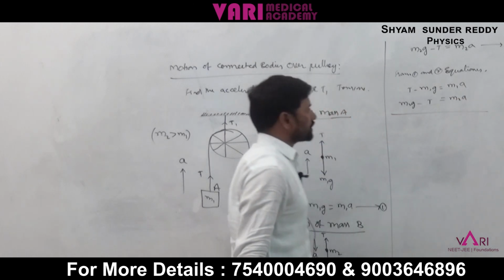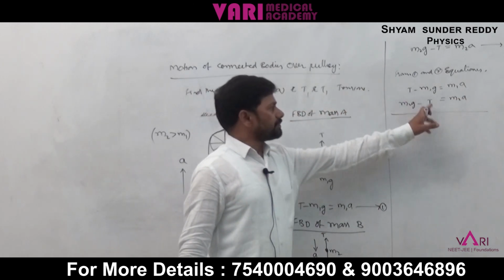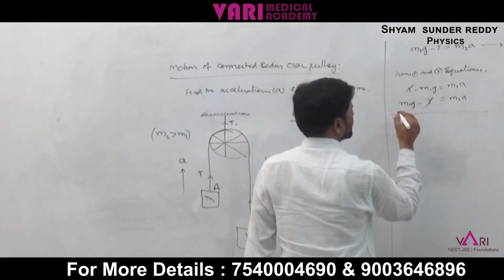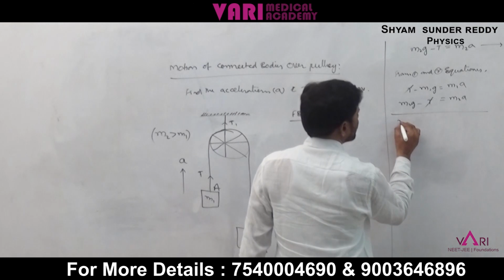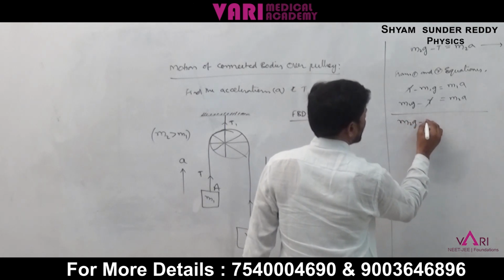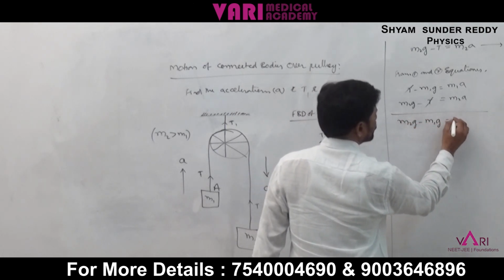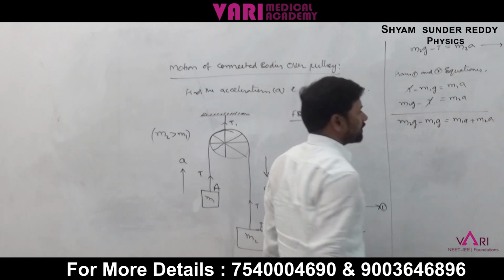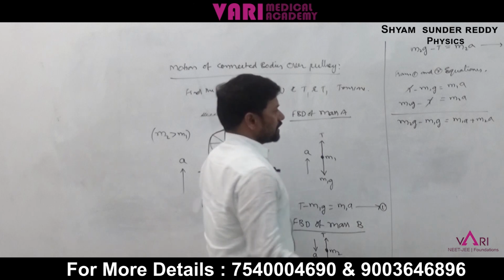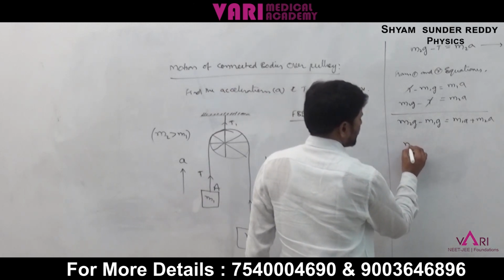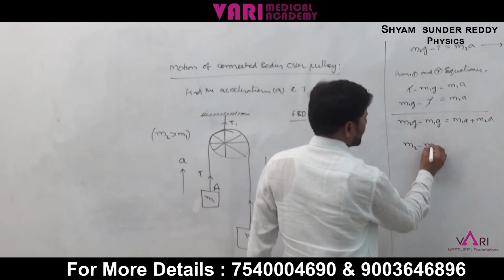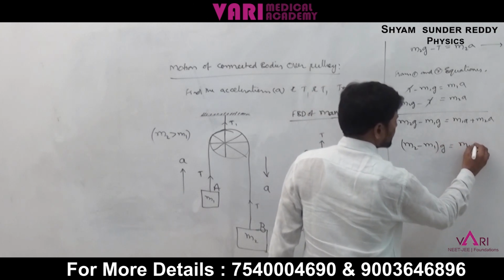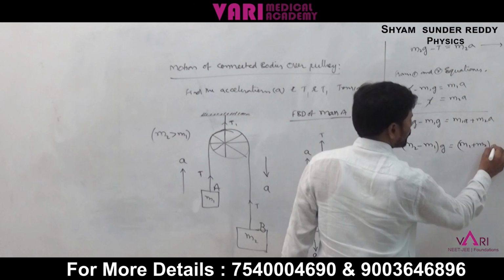Just add the two equations. Plus T and minus T will cancel. So M2g minus M1g is equal to M1a plus M2a. We can write this as (M2 minus M1) times g is equal to (M1 plus M2) times a.